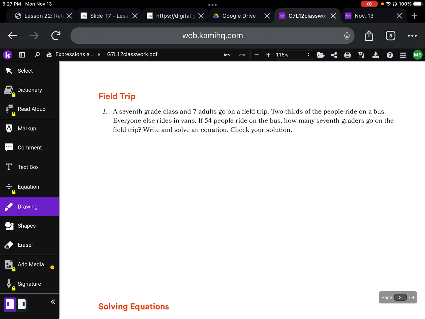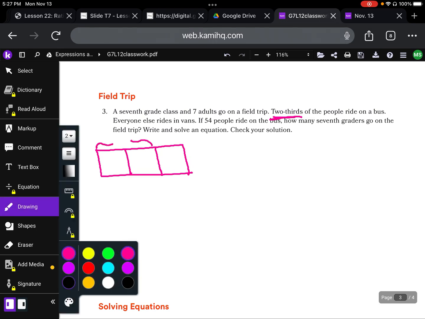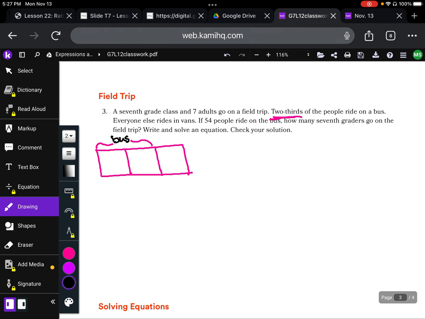So one way that we talked about this, before we even got to an equation, some people thought, well, what if I used a tape diagram? Because tape diagrams, I know you did a lot of that in 6th grade, and we can still use this, right? So I have a tape diagram. I'm breaking it into thirds because of this 2/3. So 2/3 of the people are on a bus, right? So these people are on a bus.